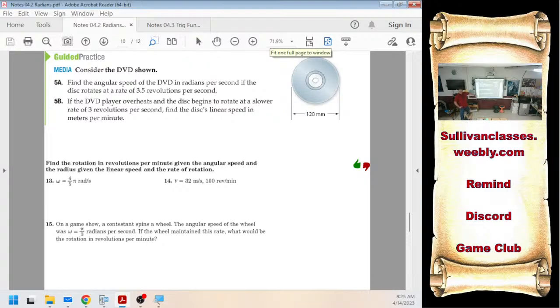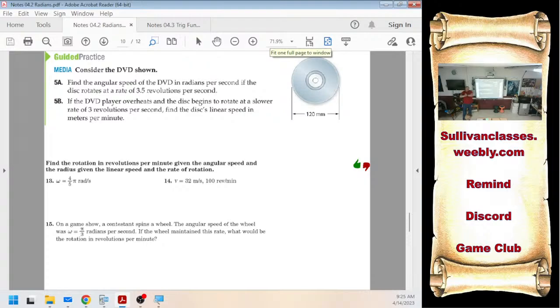Here's another type that it's just kind of expected that if you can do unit conversions, you can just figure this out, but I want to explicitly go through it. If I give you 2 different speeds, the angular and the linear, can you find the radius? Remember that we start at angular or linear and then go to the other one by going through that portal in the middle.